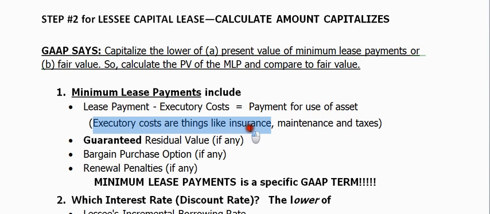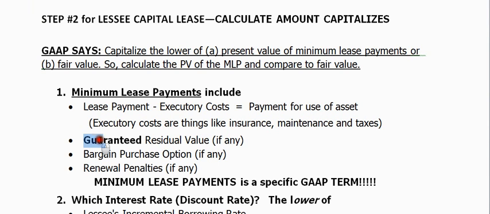Executory costs are payments for insurance, maintenance, taxes, and other things to maintain the value of the property. So you're left with the payment for use of the asset. If you had a car lease that was $500 a month, and they told you $100 a month was for insurance and maintenance, you'd be left with $400 a month.